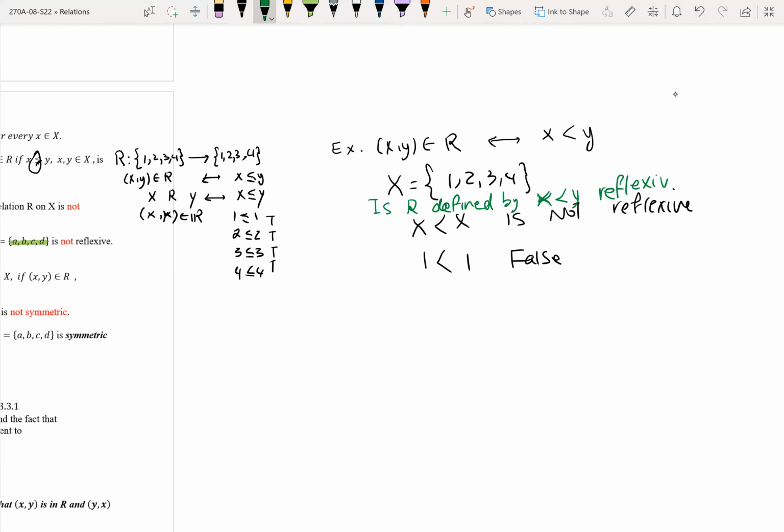Then your answer is no. And that's one counterexample because X is not related to X in any of these relations, right?